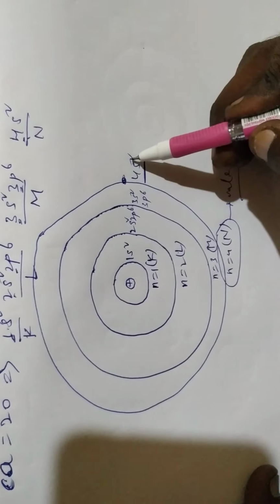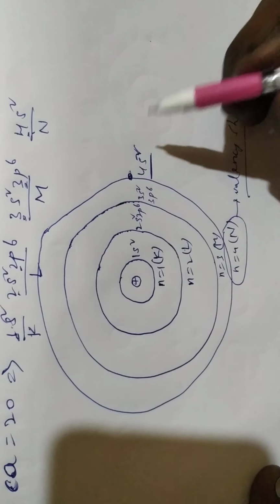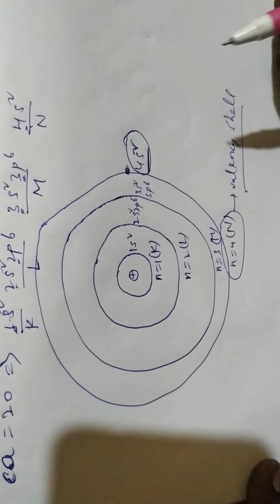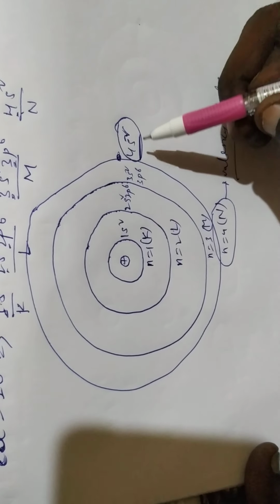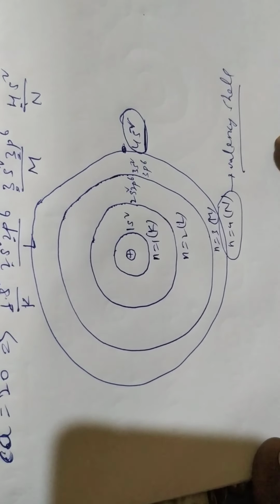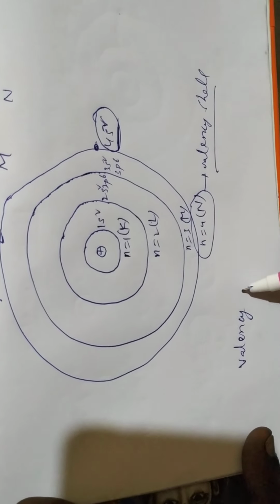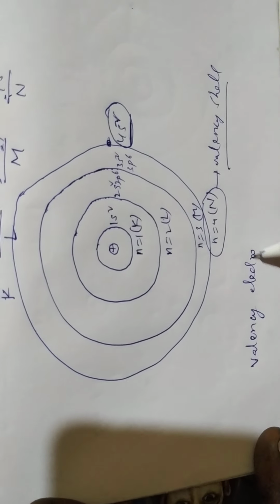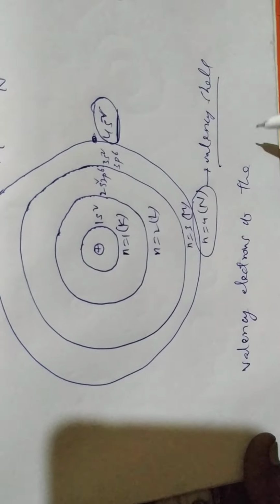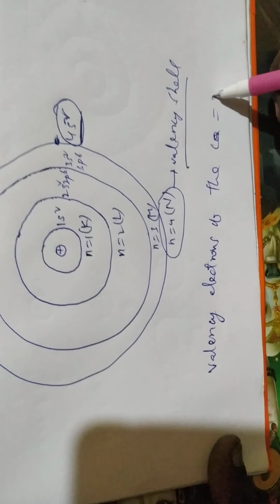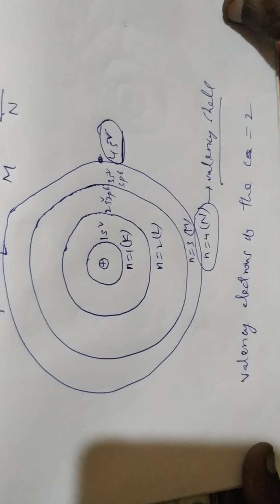How many electrons are present in the valence shell? 2 electrons, those are 4s2. The 4s orbital contains 2 electrons. So the valence electrons of calcium are 2.